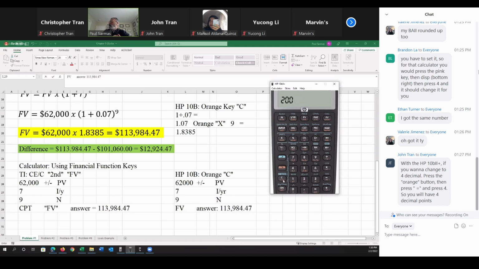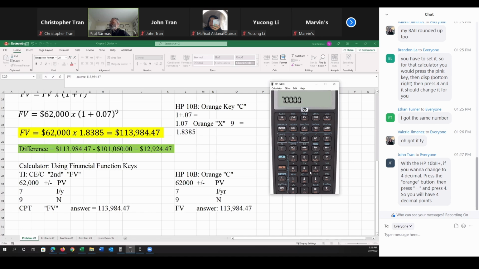62,000. And this is your plus and minus. It's on the left-hand side, plus and minus. Okay. That puts a minus on your 62,000. You press present value. Then you put 7, interest, I/YR.